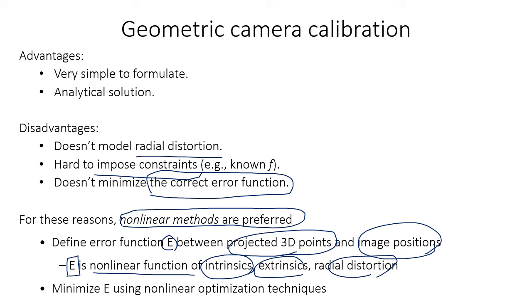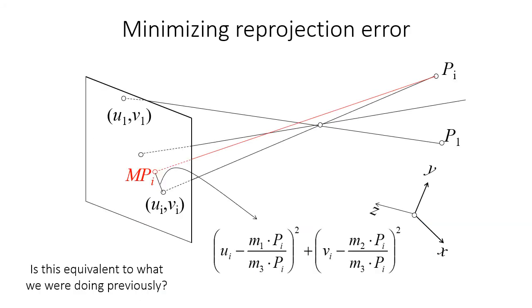So we can minimize error function E using non-linear optimization techniques like Levenberg-Marquardt or Gauss-Newton, semi-definite programming, etc. So this shows minimizing the reprojection error.